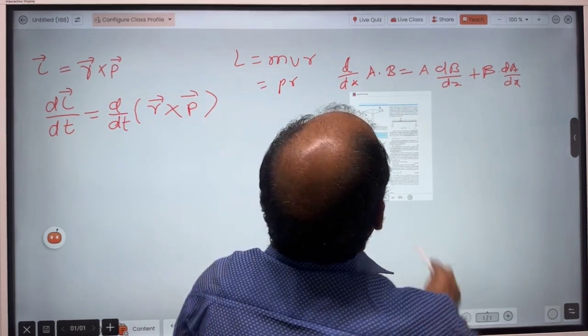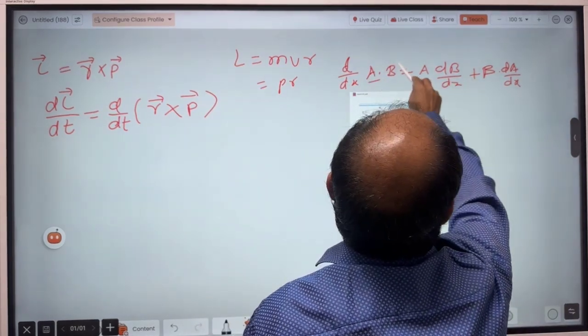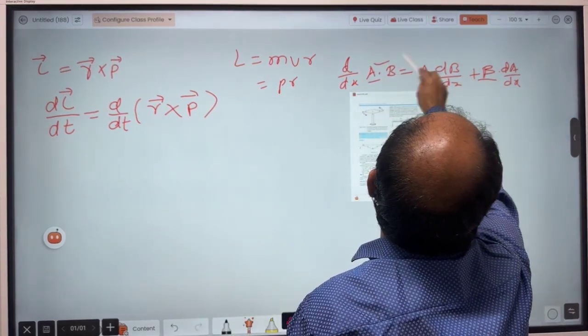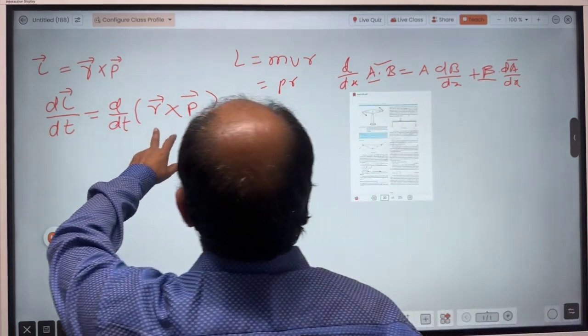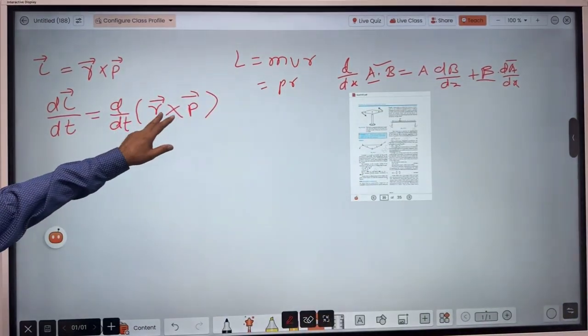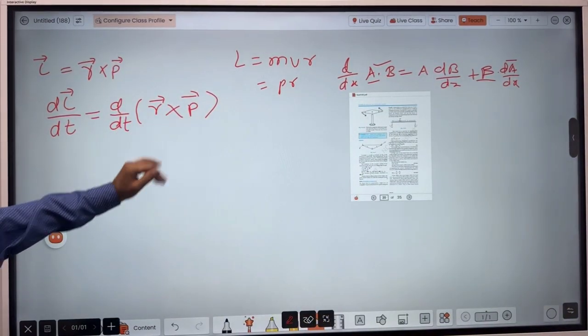Here the order is interchangeable. Here I have written b before and then a after, but in case of vector, keep in mind you are not allowed to change the order. If you change the order, then negative sign must be written.